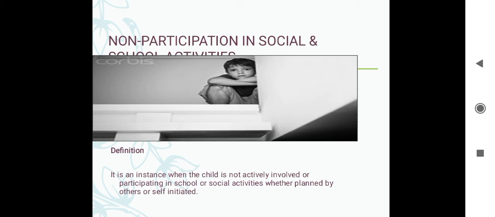So there are different types of non-participation in social or school activities. By knowing the different types, we will be able to identify children who are not participating in school activities.